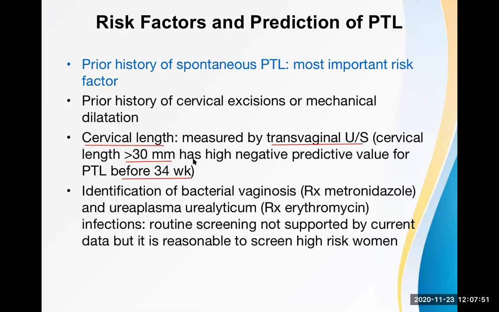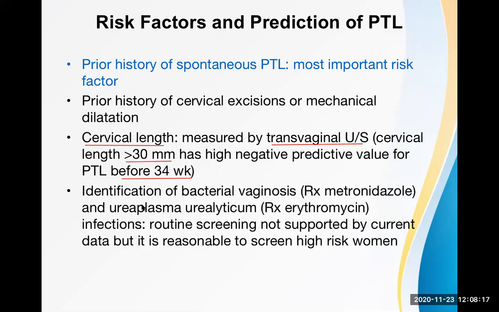Let me clarify this again. From the transvaginal ultrasound, if the cervical length is more than 30 millimeter, there is a very decreased chance of preterm labor prior to 34 weeks. But if the length of the cervix is less than this, then there is a high chance of having preterm labor. That is the meaning.